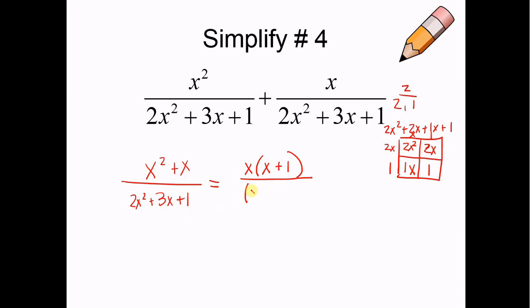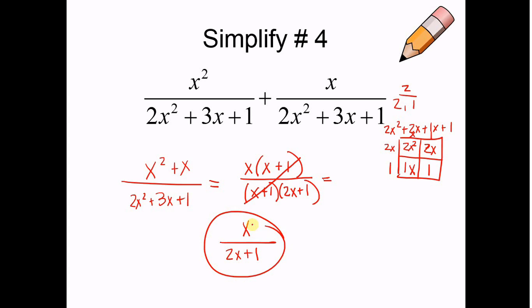So I can simplify that down to x plus 1, 2x plus 1, right? Can I cancel anything? Oh yeah, x plus 1s. So I'm going to be left with x over 2x plus 1. That's as simple as it can be.